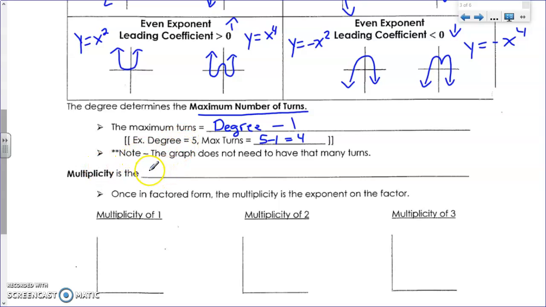Multiplicity is the number of times a factor, or a solution, or zero, appears.